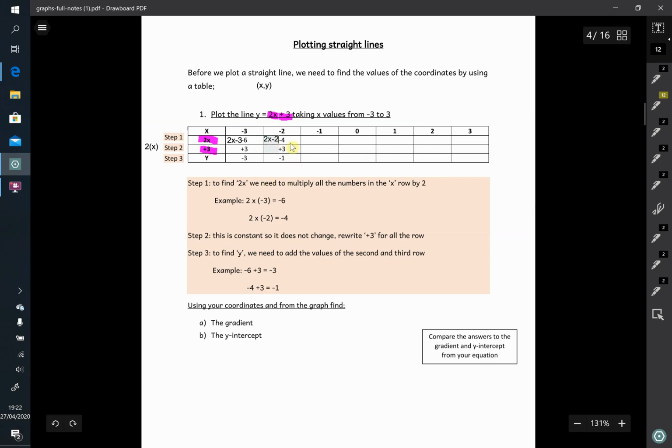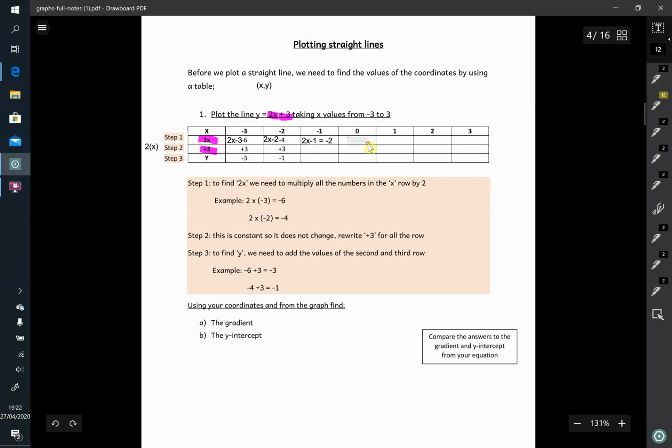What do you think you will do to get the value where the x is -1? I've got 2x, so instead of my x, I will put in a -1. 2 times 1 is 2, plus and minus is minus.